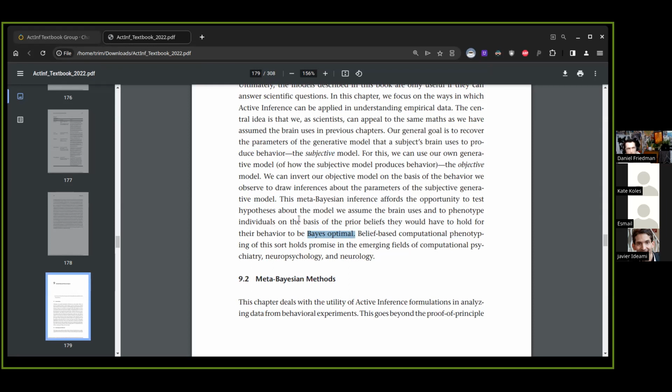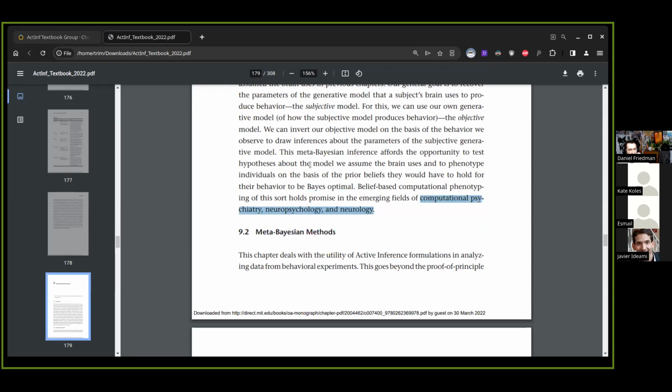Now, that doesn't mean it's the most profitable business or the best free throw shooter or any of these things, but still, given the generative model, its path of least action is Bayes optimal in some way. And this relates to computational phenotyping, for example, in the human domain with psychiatry, but also in other domains like ants research.